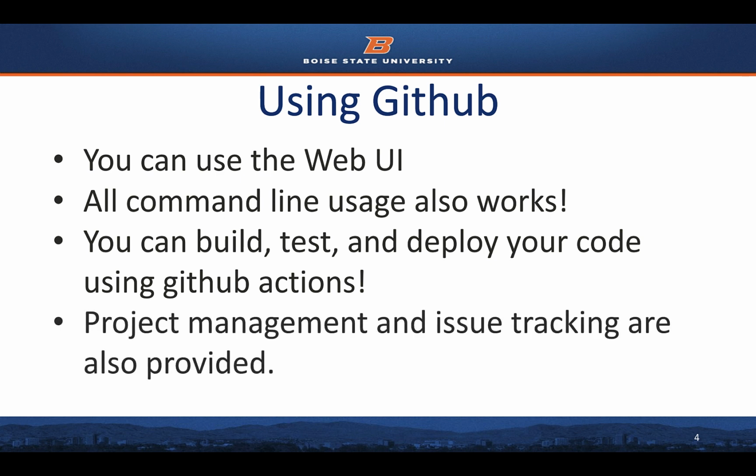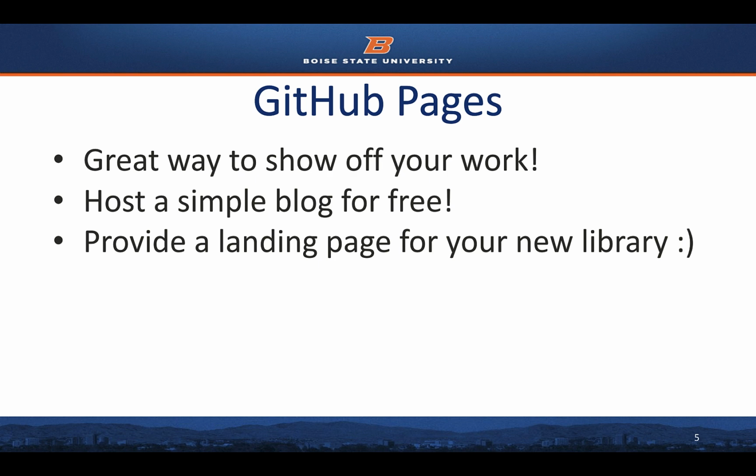GitHub also provides project management and issue tracking as part of its complete package, which is separate from actual version control. So let's get to the meat, which is GitHub Pages.